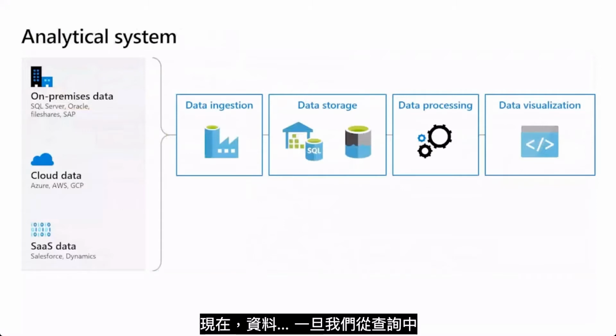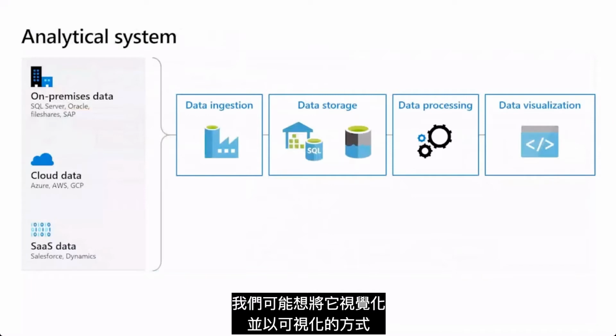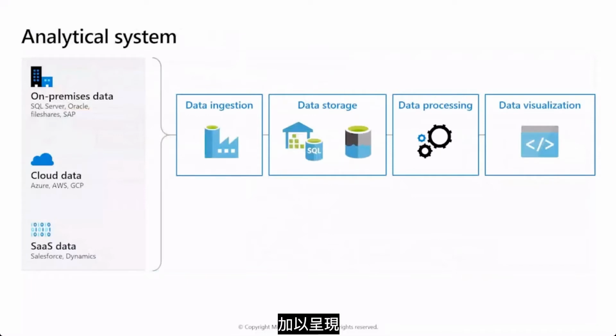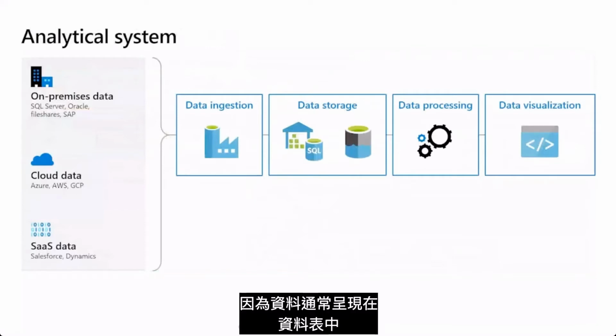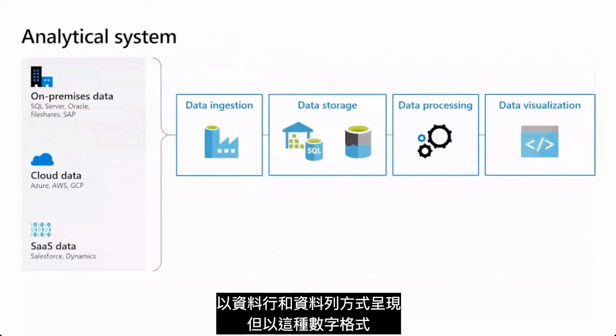Now, once we have the results from our queries, we probably want to visualize it and present it in a visual way. And so this is where the data visualization stage happens, because data is usually represented in tables with rows and columns, and it's not as easy to digest in that numeric format or in those tables and documents.